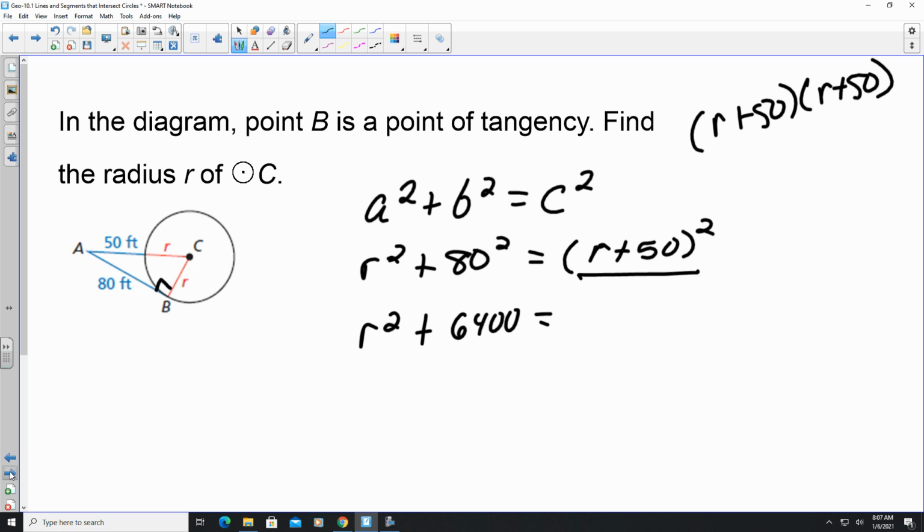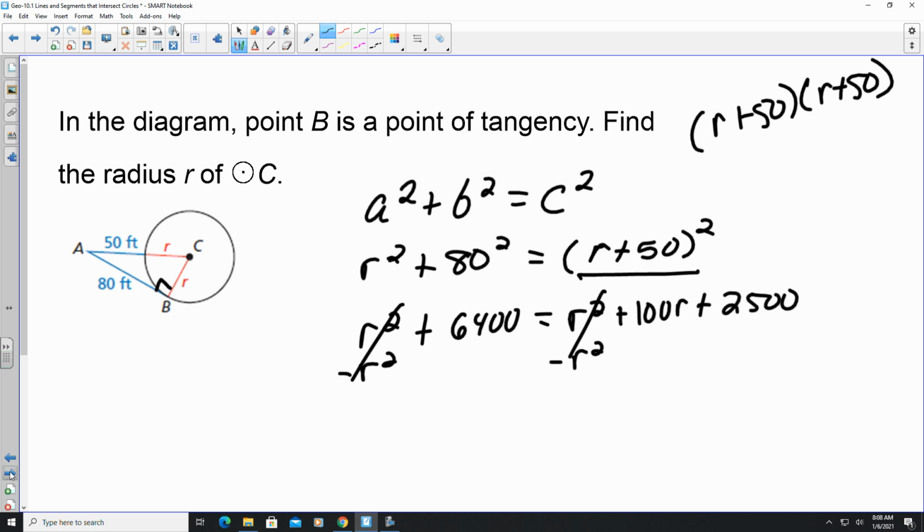Once you FOIL it out, it turns into R squared plus 100R plus 2,500. Remember, you have to do that foiling out, or else it's not going to come out correctly. Now, if you notice, I have R squared on both sides. If I subtract R squared from both sides, they cancel.